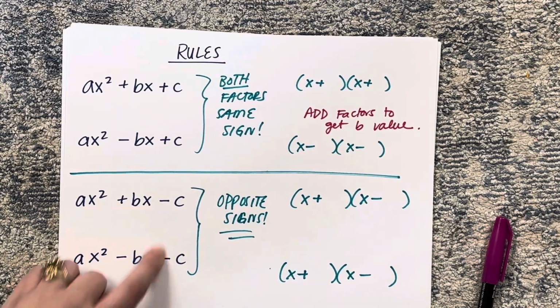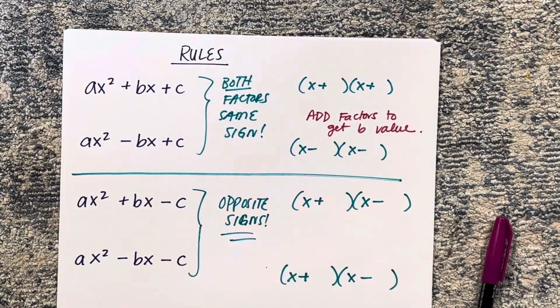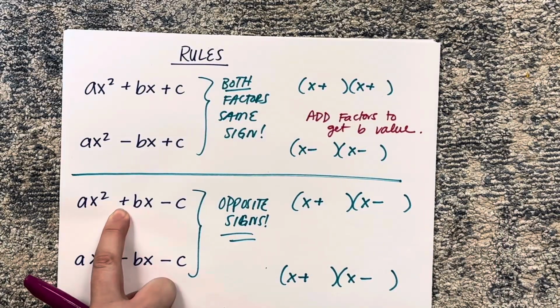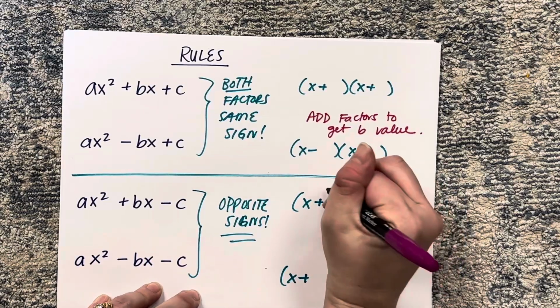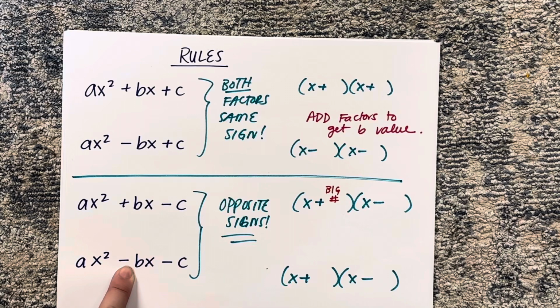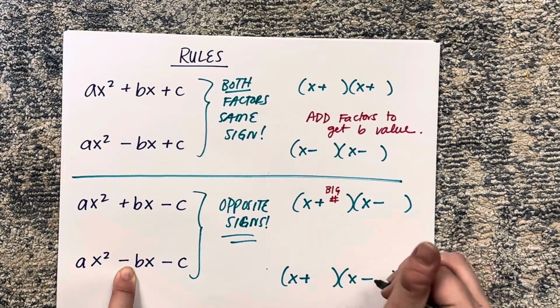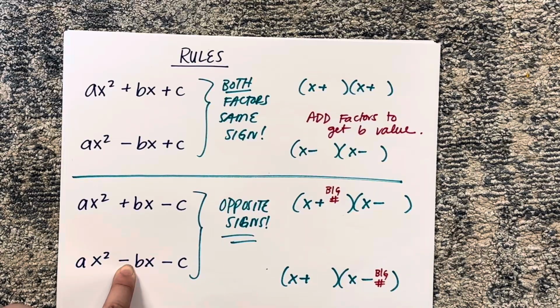Always. Okay, so if you see a negative c, you're like, sweet, I know I'm going to have opposite signs. And you can look and see, well, if this one has a plus b, then that means my plus factor is going to be the bigger number. Versus if I have a minus b, then my minus is going to have the bigger number of your factors, right?